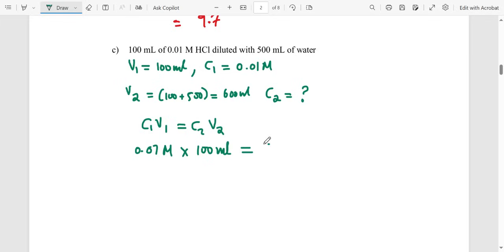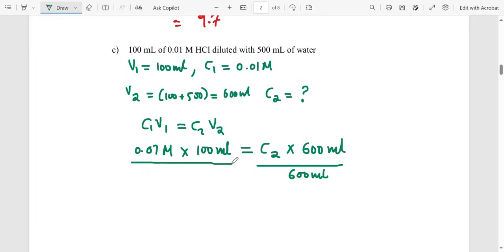The other side we're going to have C2 times V2, and V2 is 600 mL. So divide by 600 mL here, also there by 600 mL. So you see that the mL will basically cancel out. So we'll just remain with C2 being equal to 0.01 times 100 over 600. Let's see what that gives us.